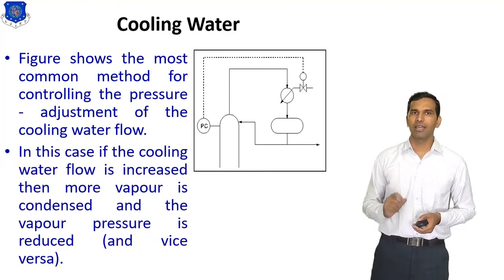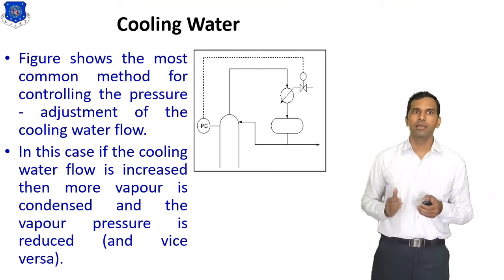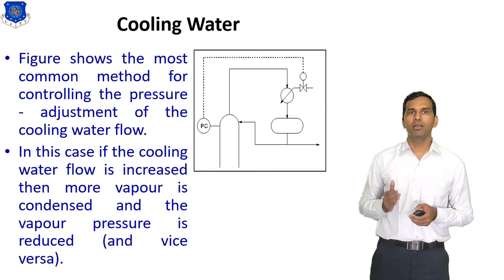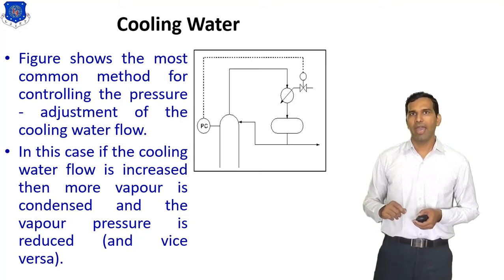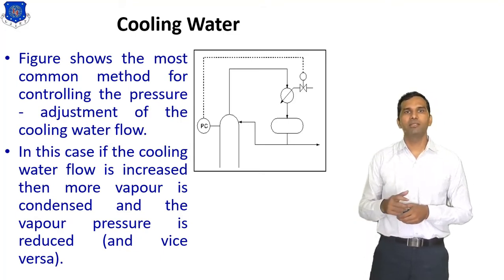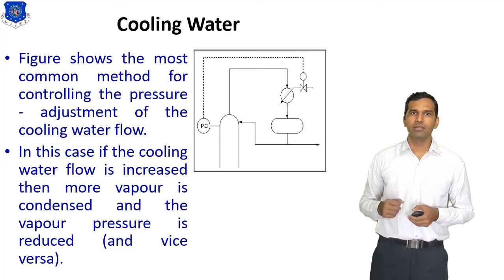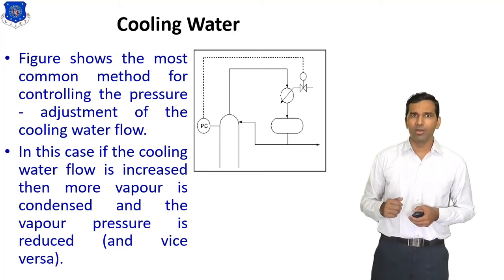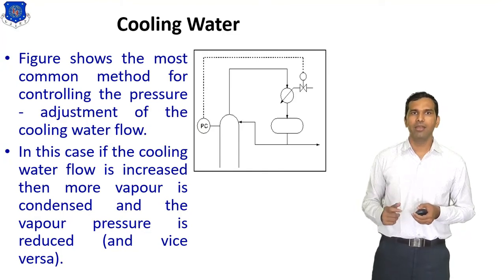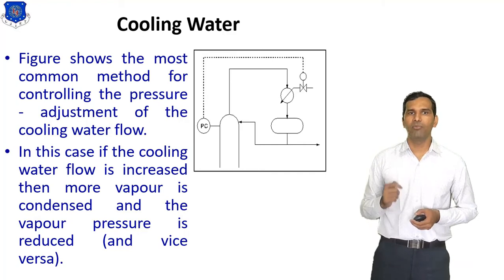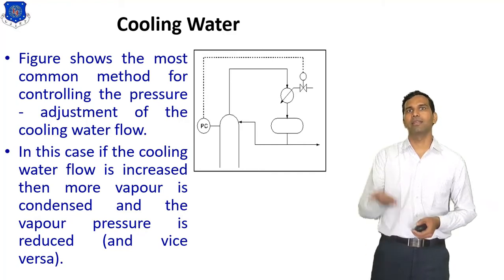In this case, if the cooling water flow is increased, then more vapor condenses and the vapor pressure is reduced. And vice versa: if the cooling water flow is decreased, then less vapor is condensed and the vapor pressure is increased.